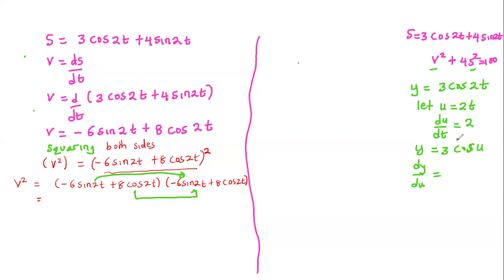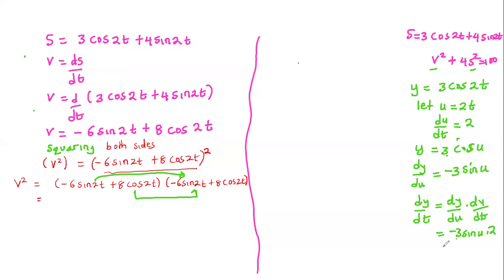I get negative sine u. But there is a 3 here. So the chain rule will tell us dy/dt is dy/du times du/dt. Our dy/du is negative 3 sine u, then times du/dt, which we obtained as 2.